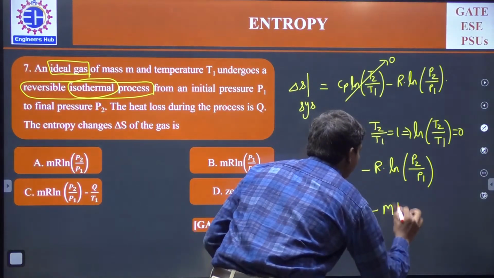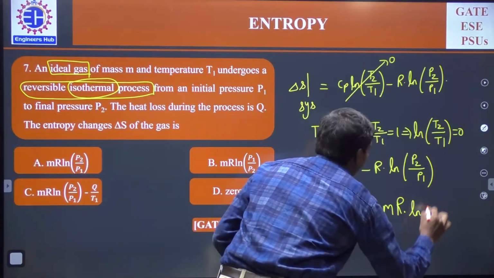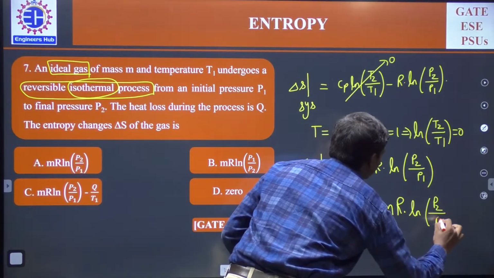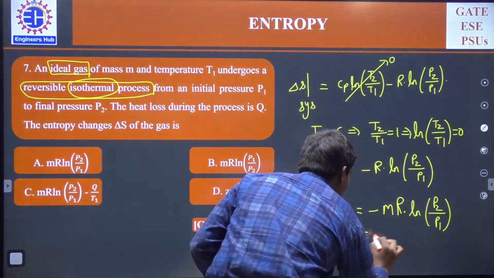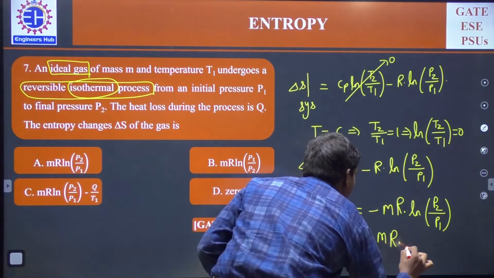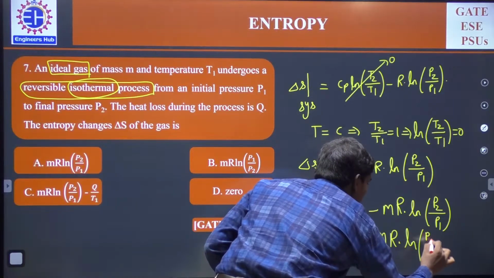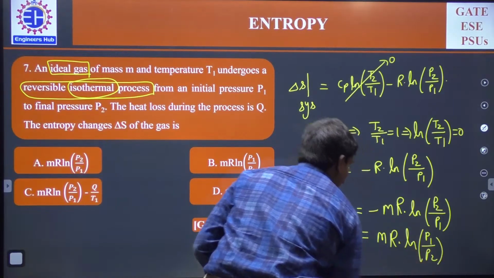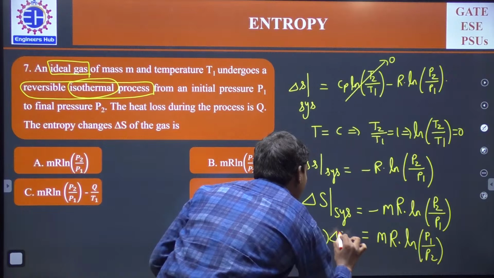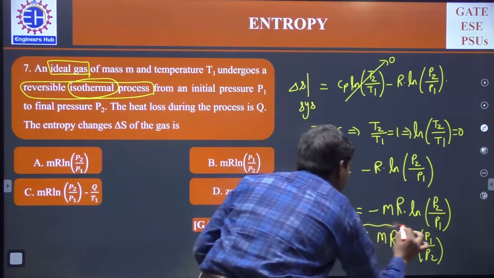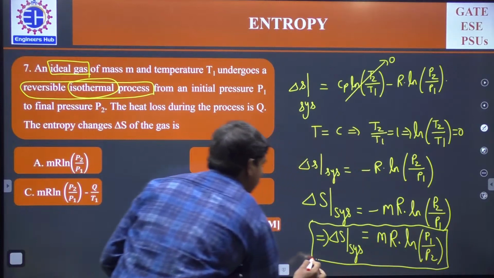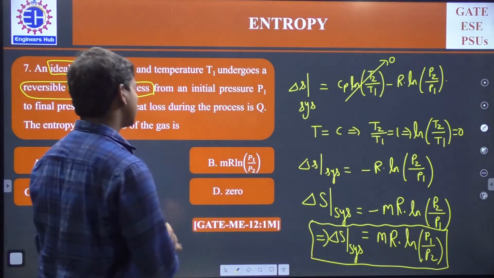So minus M times R into ln P2 by P1. If you take this minus inside, you get M times R into ln P1 by P2. So the total entropy change of the system is this. Okay, B is the correct answer.